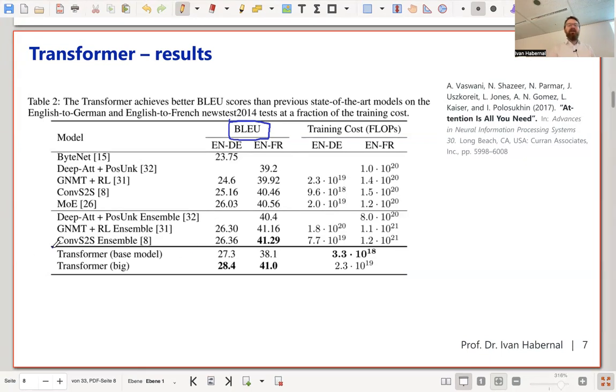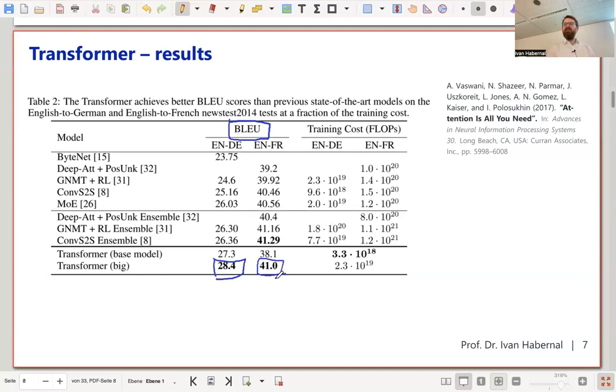And so they trained two models back then, the base model and the big model. In the paper there's how many transformer layers and how big, and big means big and base means small or something like that. As you can see with the large model, you just beat everything that was on the market back then.